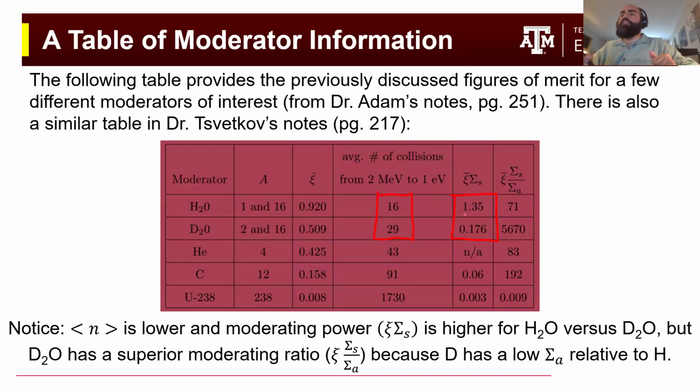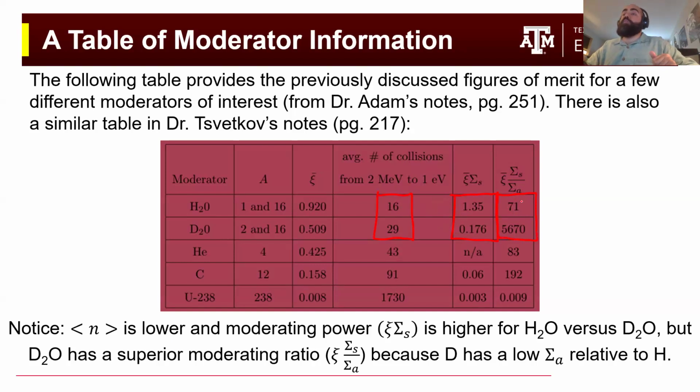So we might, from these two metrics, be tempted to think that water is the better moderator, but the moderating ratio is the thing that gives us some extra context and includes the fact that we really care about not just whether they scatter, but also what's the relative ratio of scatters to absorptions.